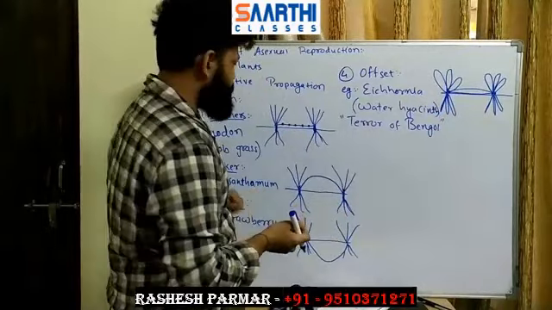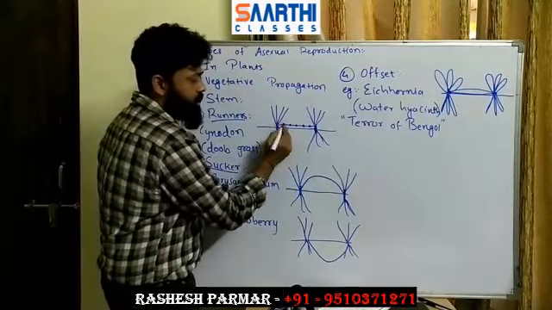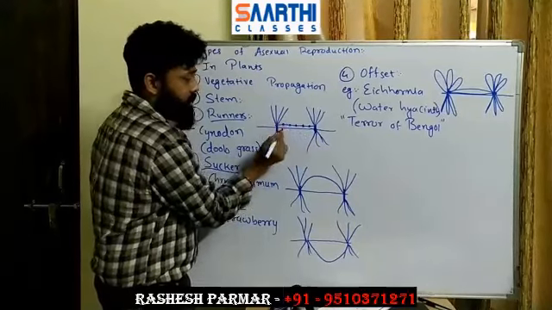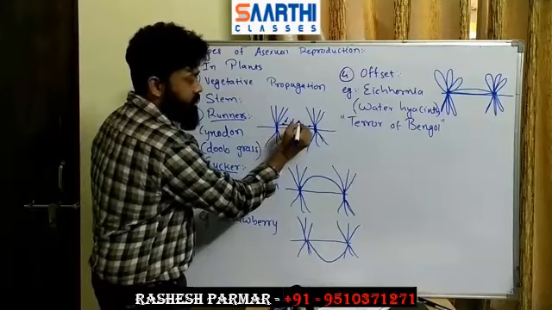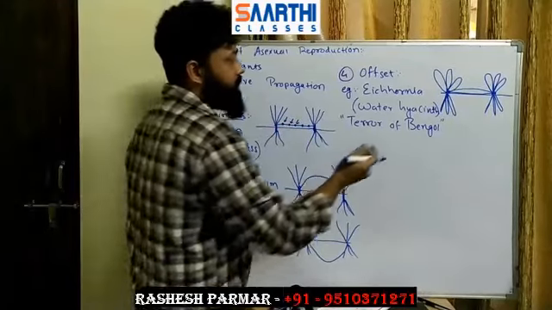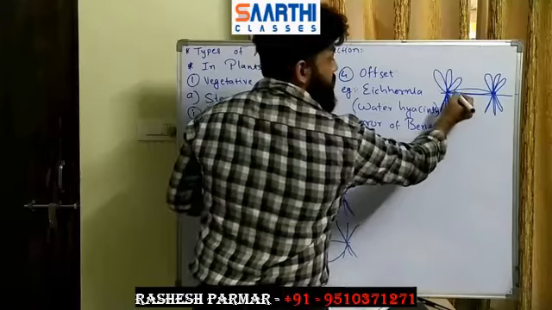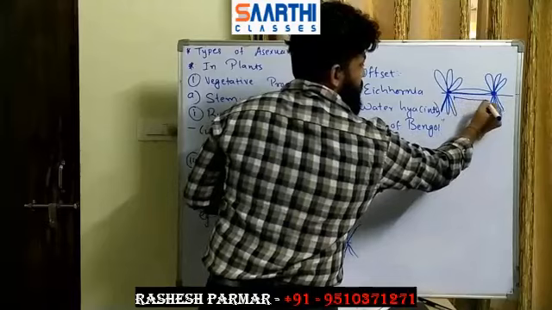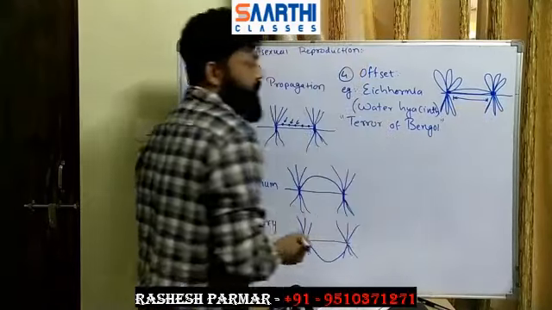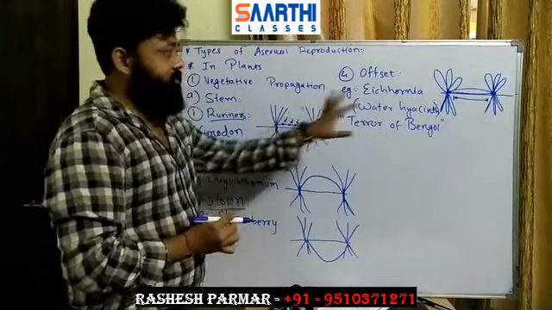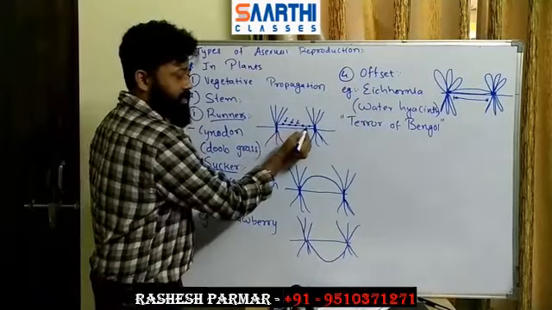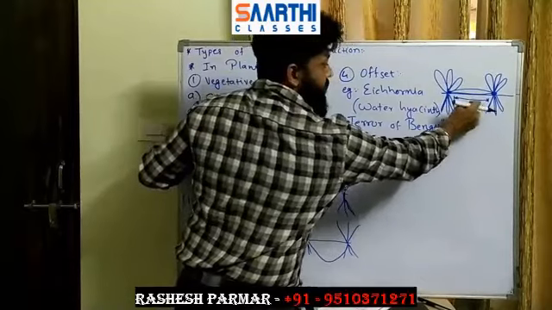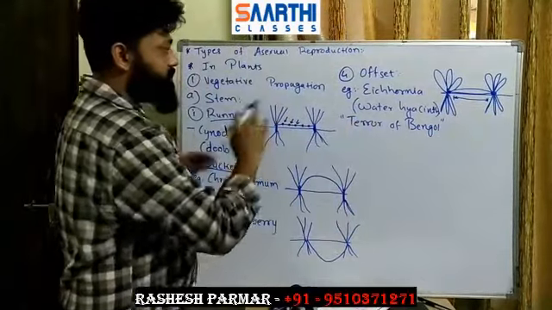Another difference is that there are many nodes found on the branches developed on runners. You can see there are many nodes and internodes present. But in an offset branch there are only two nodes, and in between there is only a single internode. This is the basic difference.